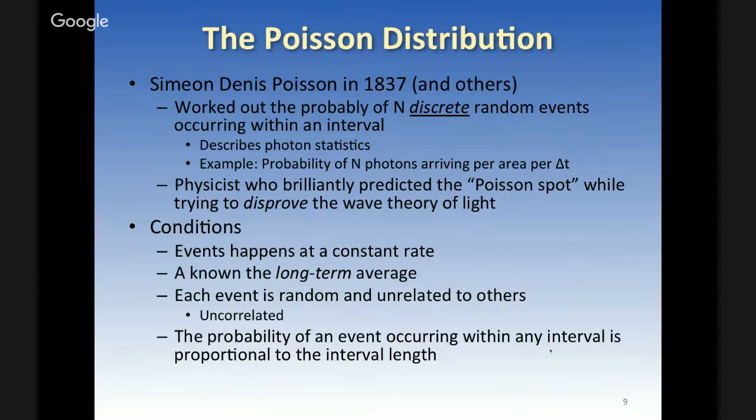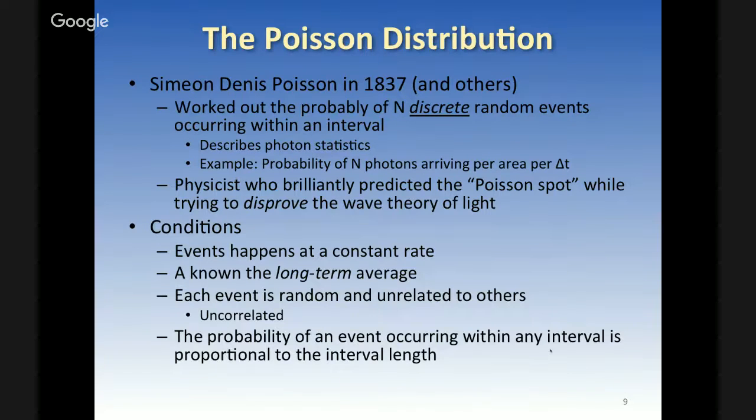As I recall, he worked it out looking at how many people died in a hospital per unit time. He was a physicist and mathematician, and somebody had asked him to do this. He sat down and thought about it, and he's a pretty smart guy, and he came up with this relationship. And it also describes the probability of n photons arriving per unit area per time interval.